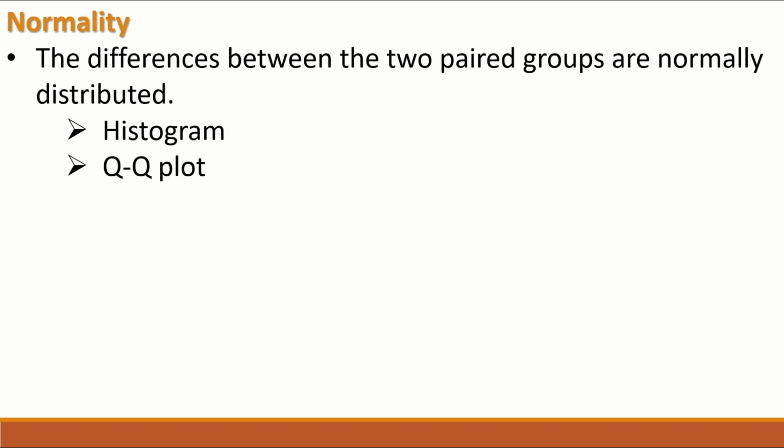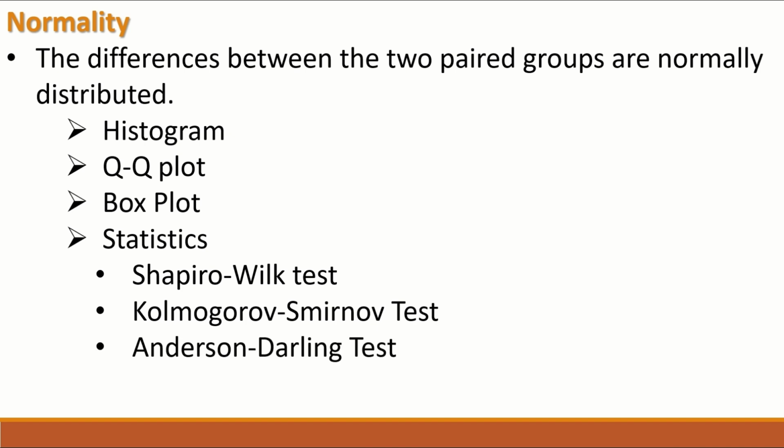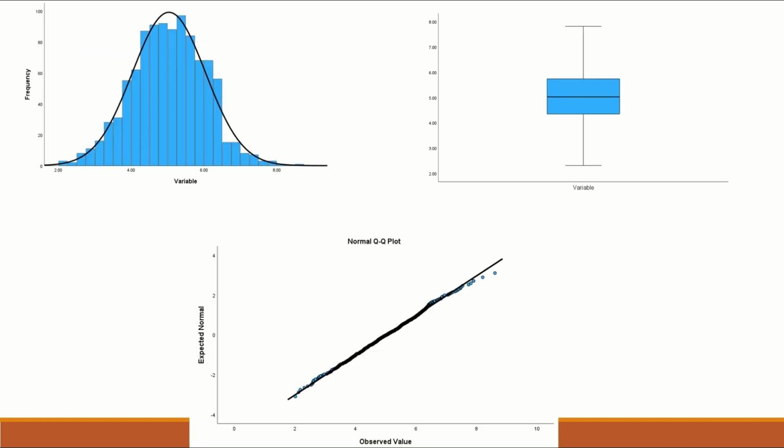The way to check normality is to draw a histogram, a QQ plot, or a box plot, or perform a statistical test, such as the Shapiro-Wilk test, Kolmogorov-Smirnov test, Anderson-Darling test, and other tests.